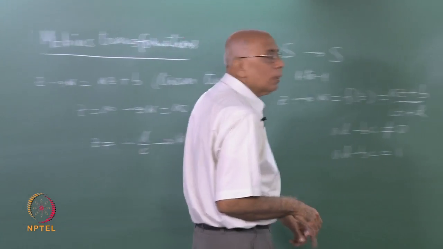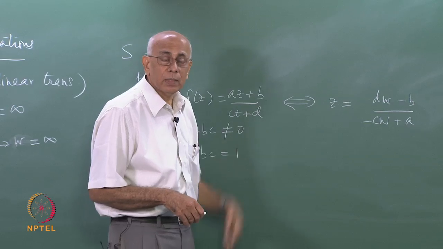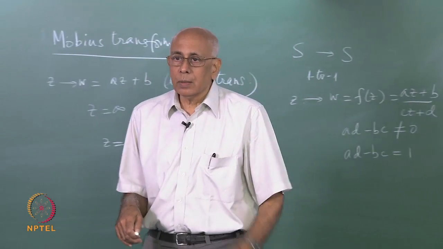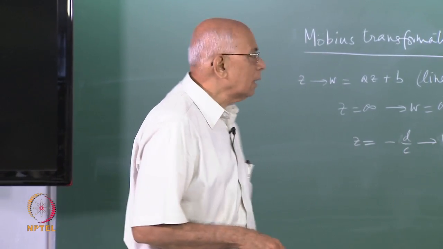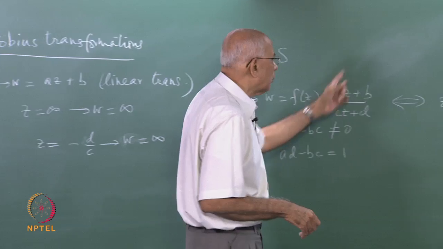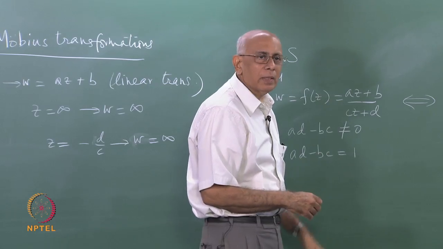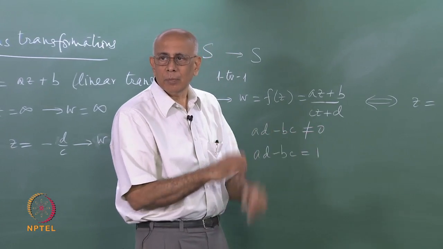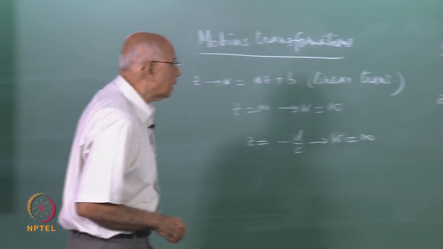Now what we need to show further, to show that these form a group, is that every transformation has an inverse. We need to show that the product of two transformations is again a Möbius transformation of the same kind, and it is very reasonable to expect that that will indeed be the case, because if I make a further transformation here, you are going to get something very similar with just the matrices A, B, C, D multiplied, but we will see how this comes about later.